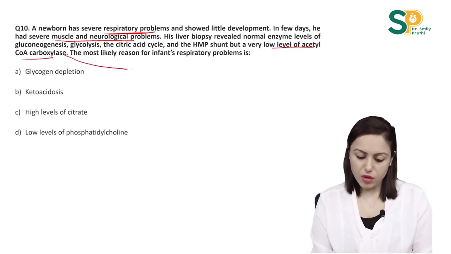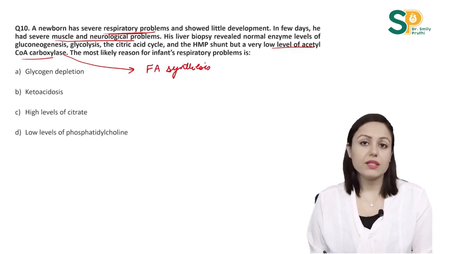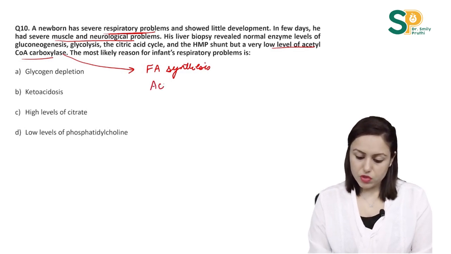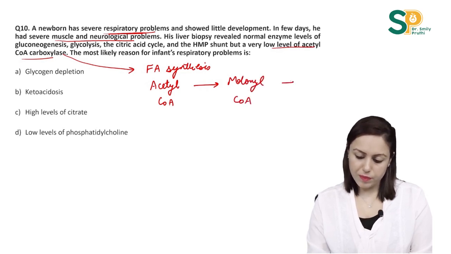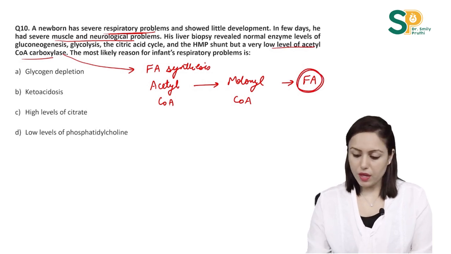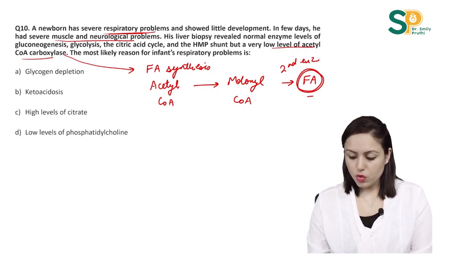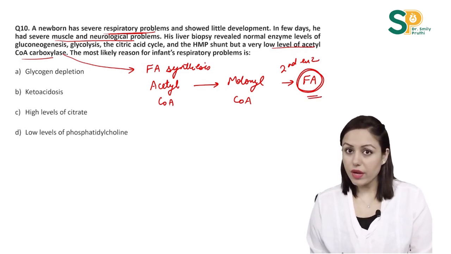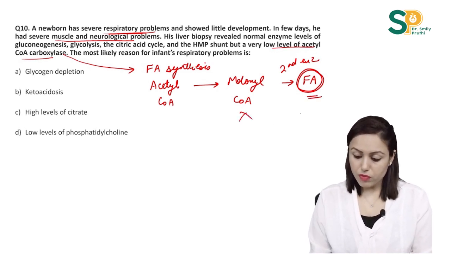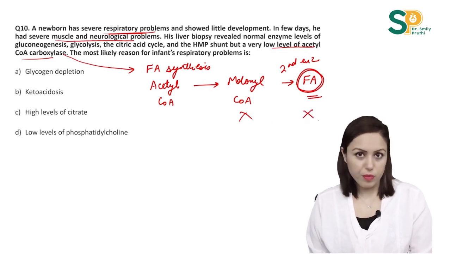Where is this enzyme involved? Acetyl-CoA carboxylase is the first enzyme of fatty acid synthesis which converts acetyl-CoA to malonyl-CoA, and then malonyl-CoA is mainly used by the second enzyme of fatty acid synthesis to make fatty acid, right? So, if malonyl-CoA is not formed, then fatty acid is not formed.